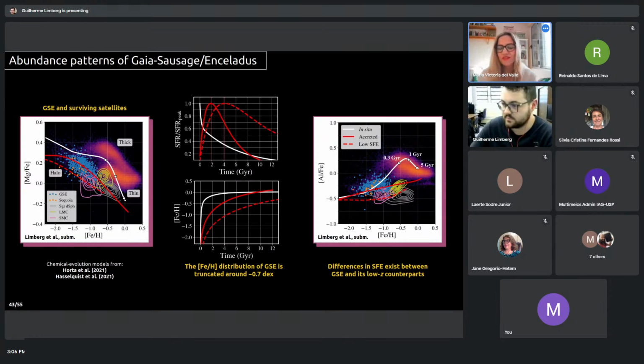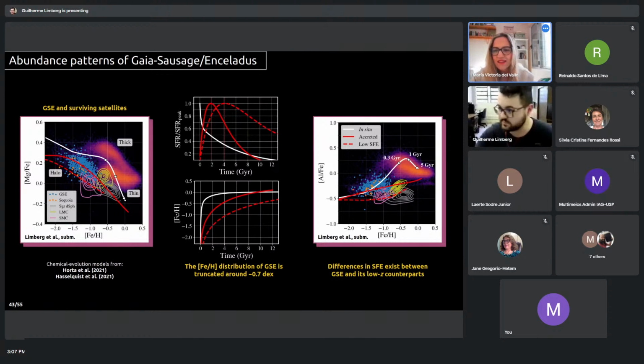Especially this graphic that you are showing here in the middle, at the top. Okay, I see. So how do you estimate the star formation rate?